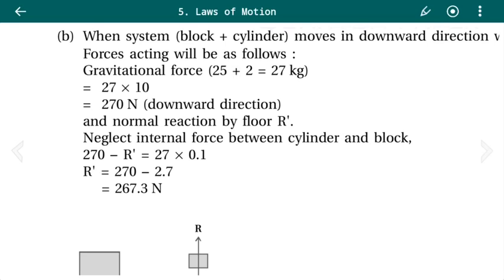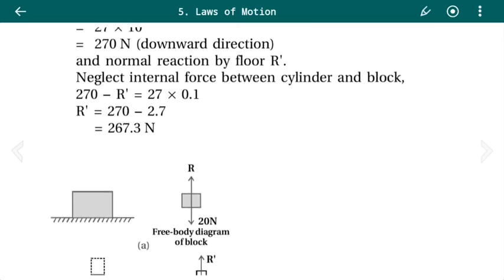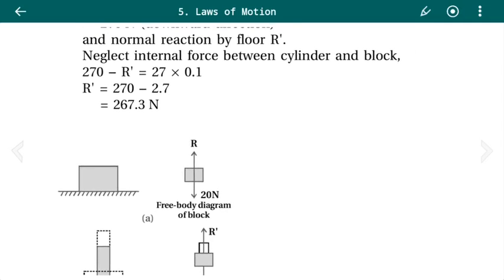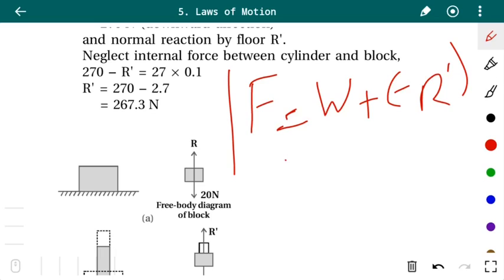Now when we neglect the internal force between the cylinder and the block, the total force F equals the weight in the downward direction and the reaction in the upward direction. So we can write W minus R dash.